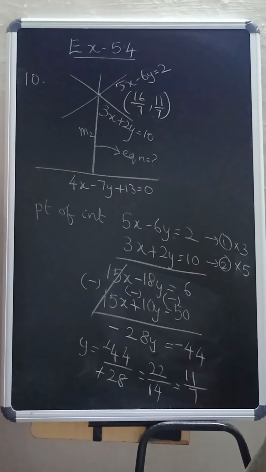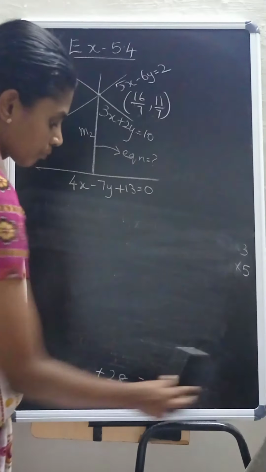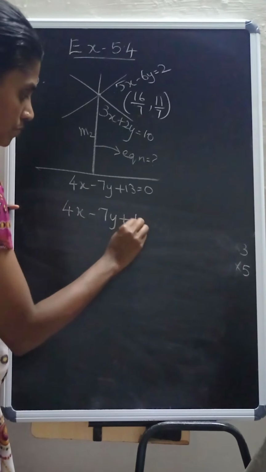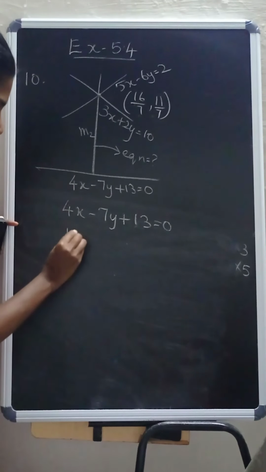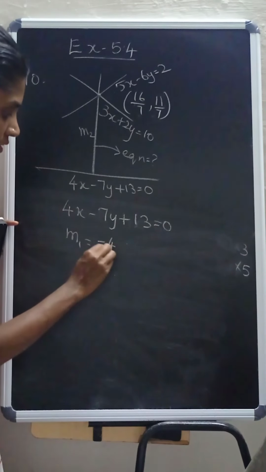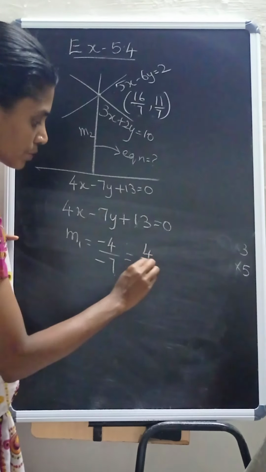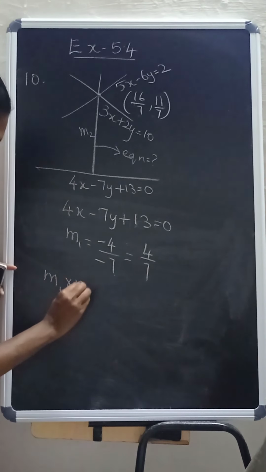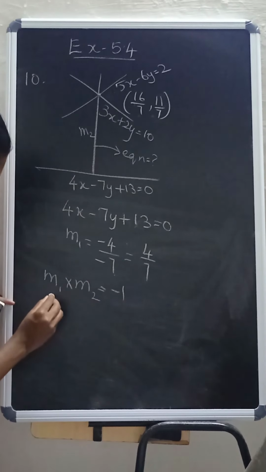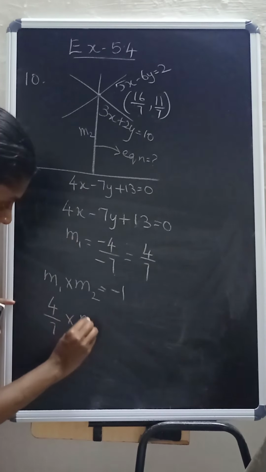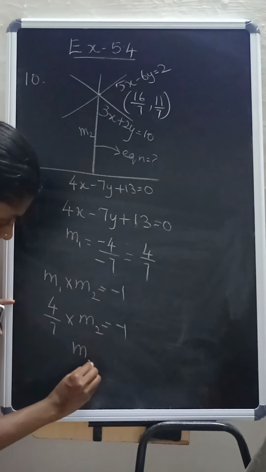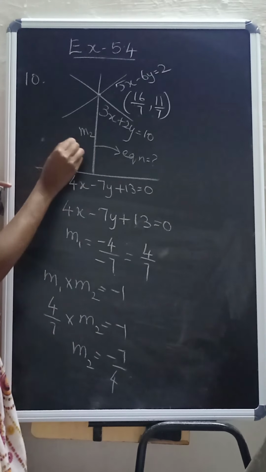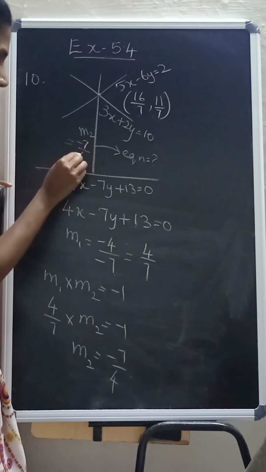Now you will find the slope of this equation. Minus a by b, 4 by 7. Now you will find the perpendicular slope. So you have got the slope of this equation, m2 is equal to minus 7 by 4.